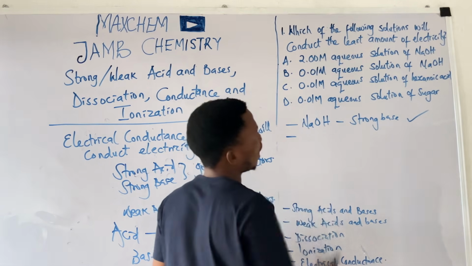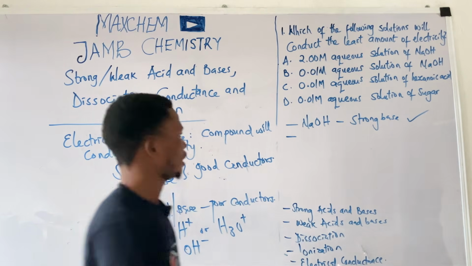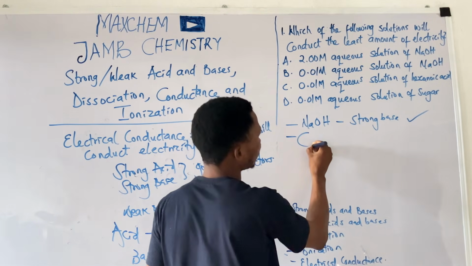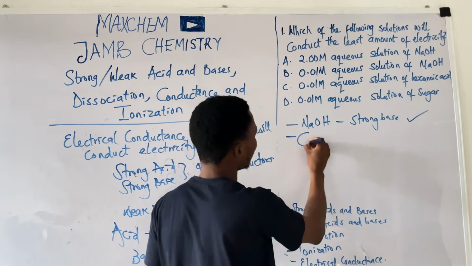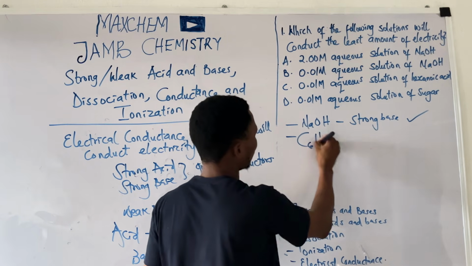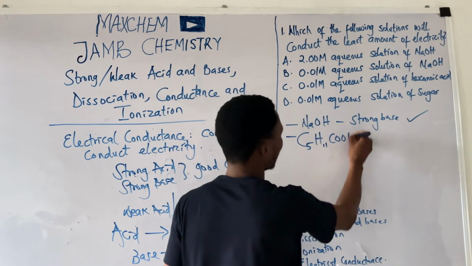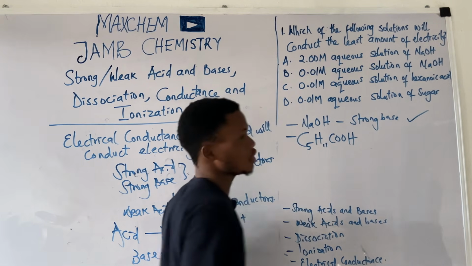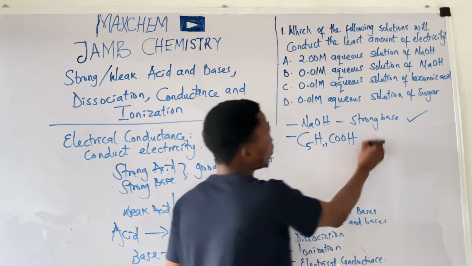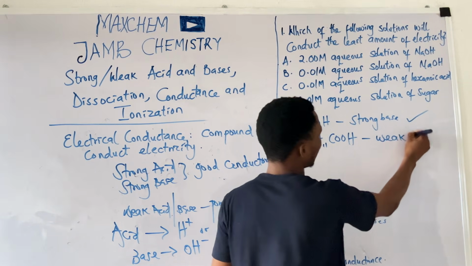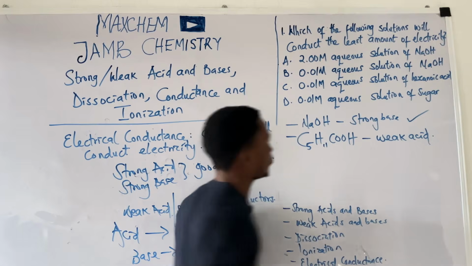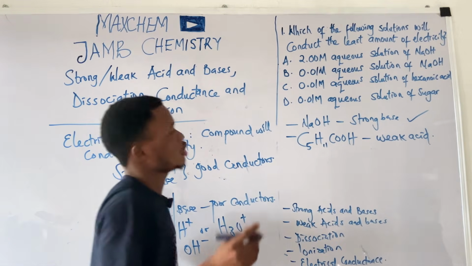0.01 molar of ethanoic acid, that is C5H11COOH, right? Ethanoic acid. So this is a weak acid. It will partially allow the passage of electricity.